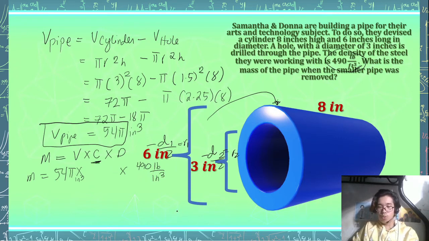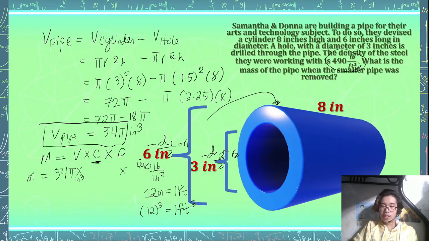So we know that 12 inches is equal to 1 feet. So therefore, 1 cubic feet should be equal to 12 cubed in order to get the cubic inches. And what's 12 cubed?